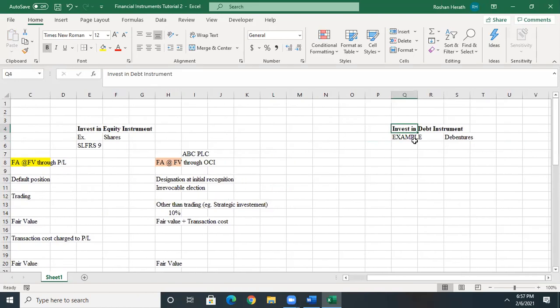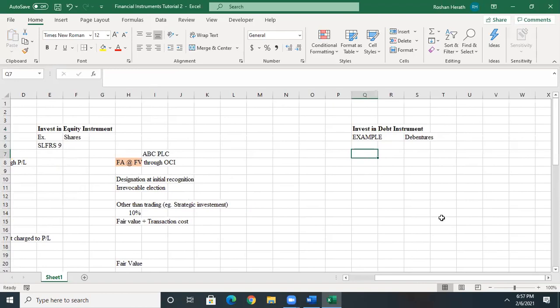So if you invest in debt instruments, you need to consider certain things, and thereafter you can come up with the classification. As you would have learned, if you make a particular investment in a debt instrument, you need to consider that instrument for two tests, right?